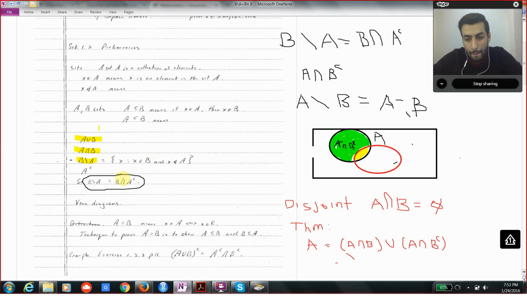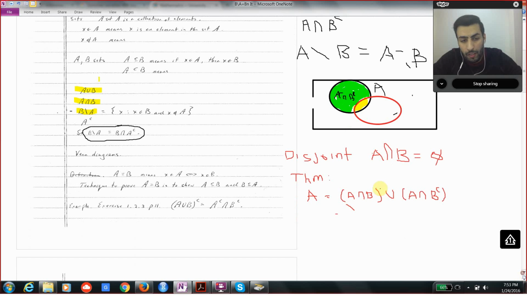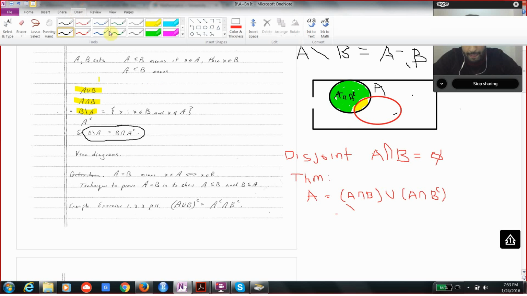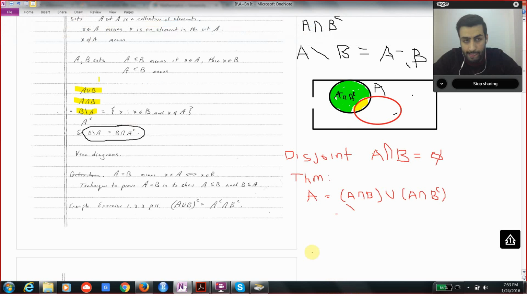One thing that's very important that he didn't talk about, that you really have to understand, is the issue of how you prove two sets are equal. Another thing we have to know about sets is that we have to be able to prove that A is equal to B. So how do we do that?